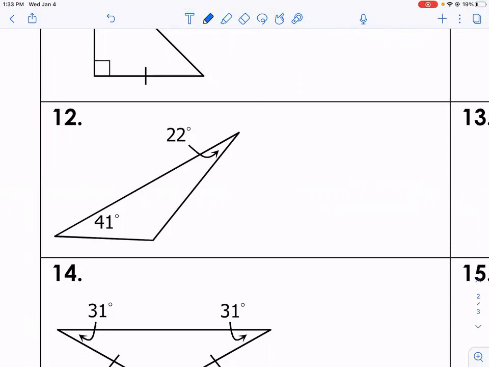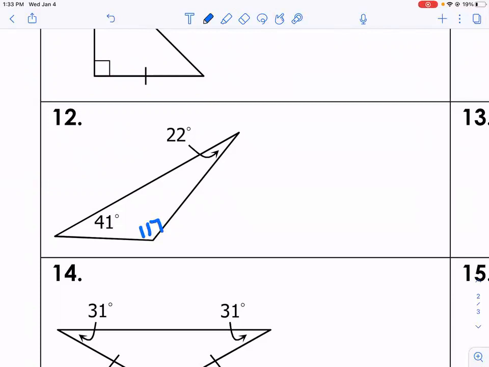In number 12, what's this third angle right here? What number measure is it? If we take 41 plus 22 and subtract that from 180, we would get, what is it? 117. That's pretty big.